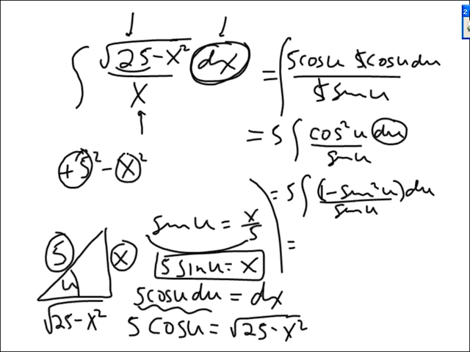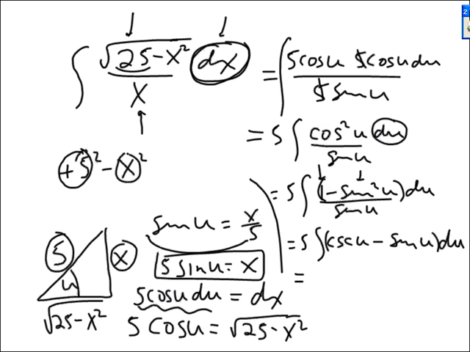In fact, I will do the division. 1 divided by sine u is cosecant u, minus sine squared divided by sine u is sine u, du.